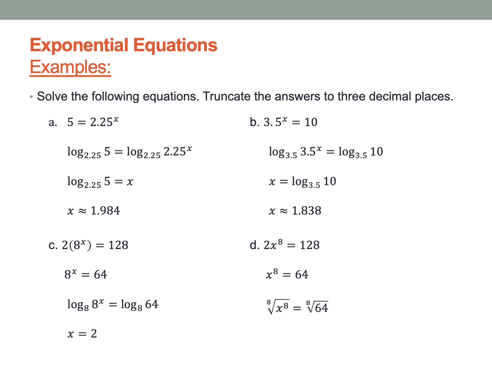And then you just get x on the left, and it's the 8th root of 64, which is about 1.681. So that's really important. If x is in the exponent, to solve it, you probably need to use logs. And if x is in the base of the power, you do not need to use logs.